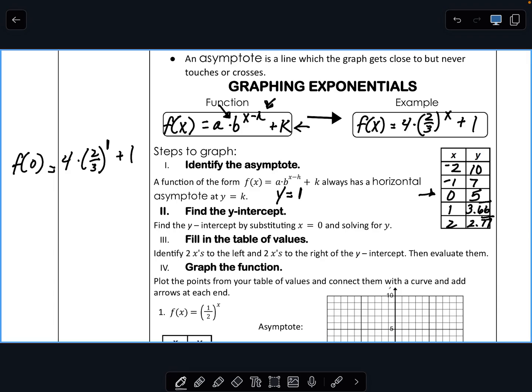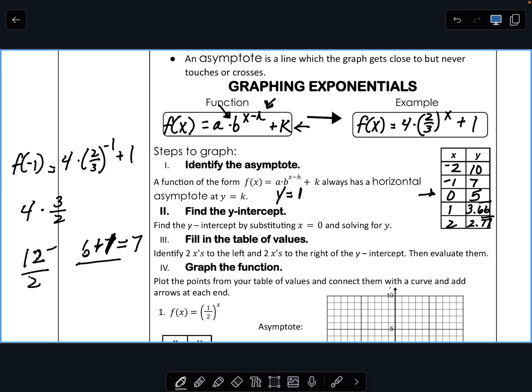But let's do a negative exponent just so that you can see how this works out. So -1. You're going to have 4 times 2/3 to the negative first. So I'm going to flip it to the first power. So I'm going to have 12 over 2, which equals 6, plus 1.